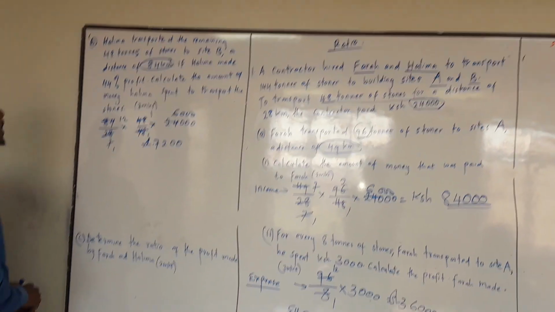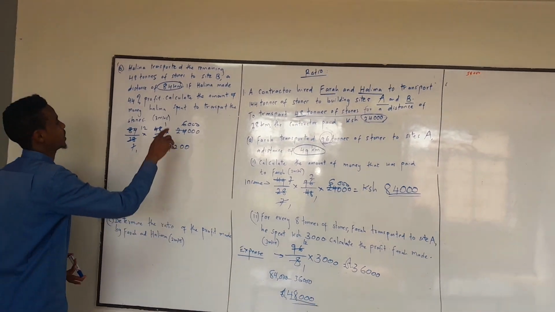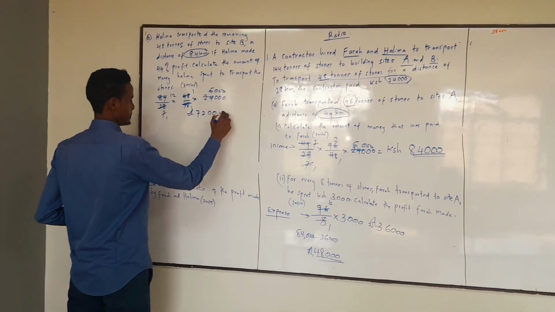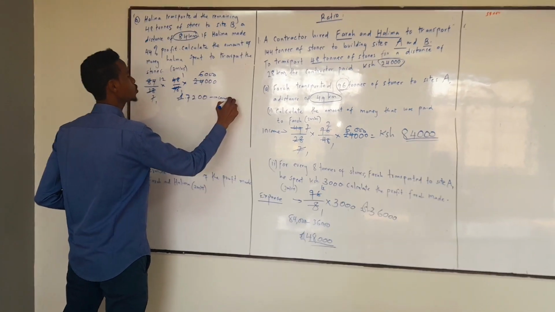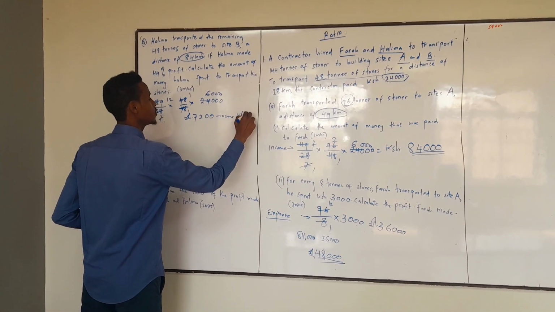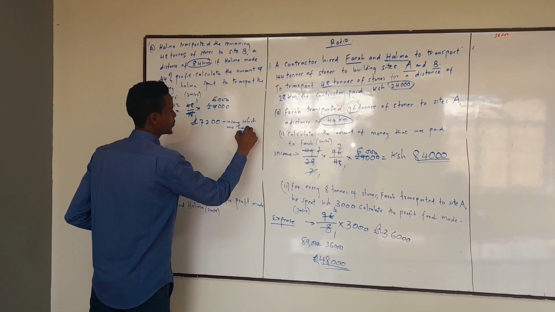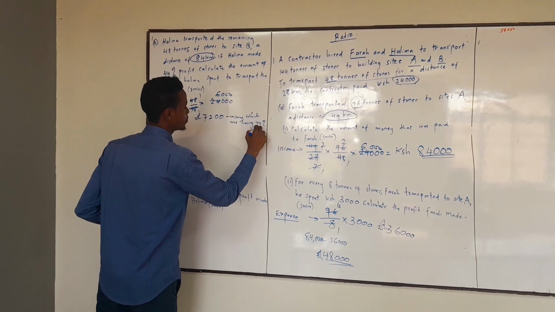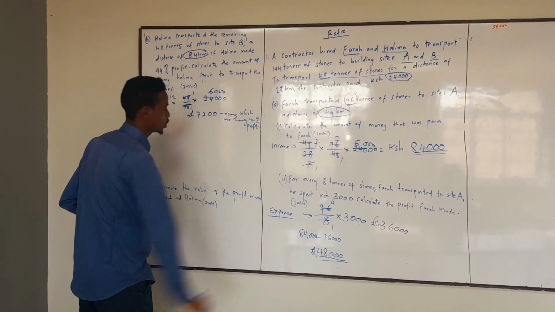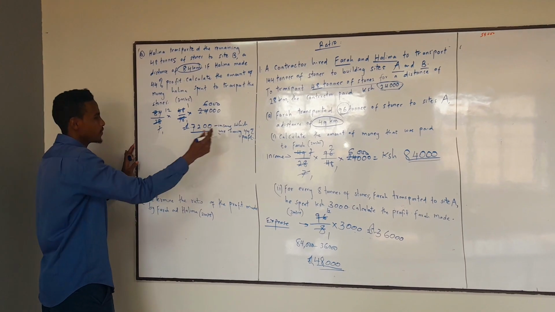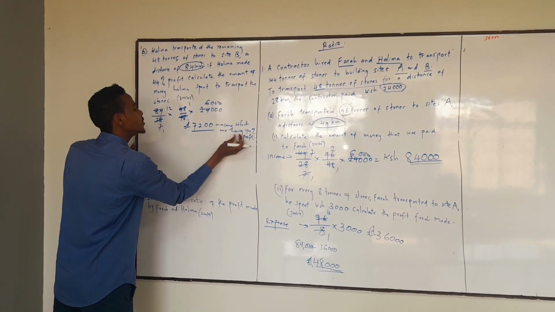Now, what are we asking? Calculate the amount of money Halima spent to transport the stones. Now, to know that, this was her income, which was having 44% profit. Shilling 72,000 was having a profit of 44%.